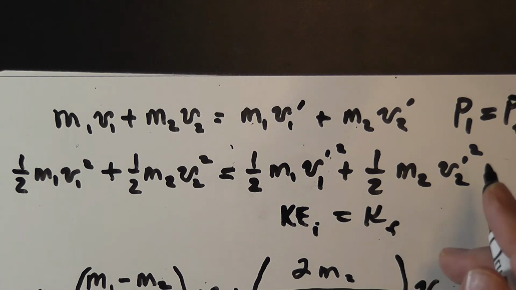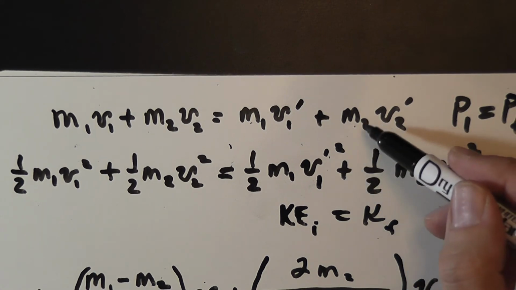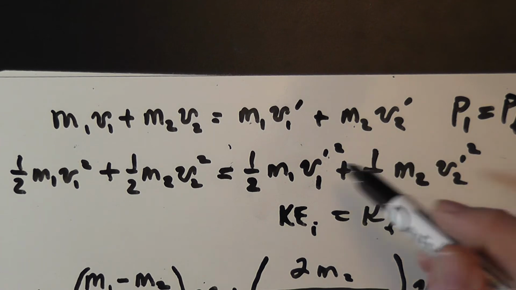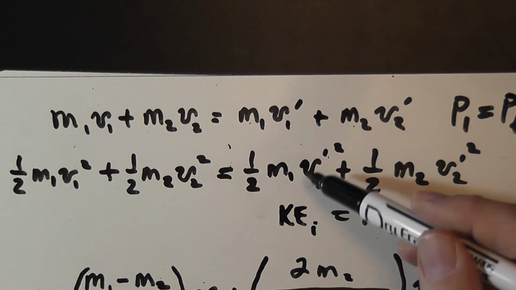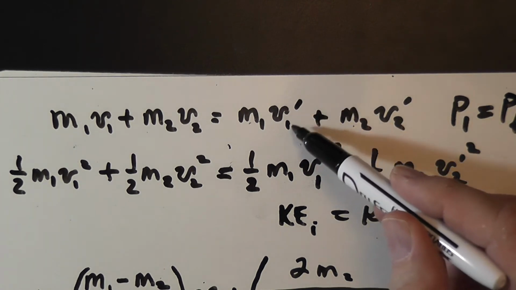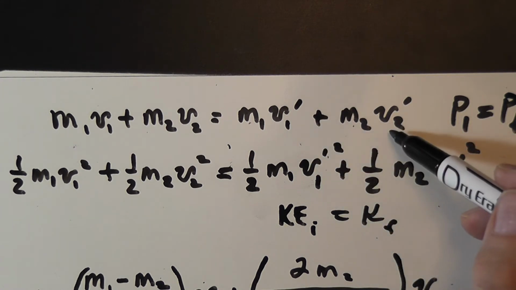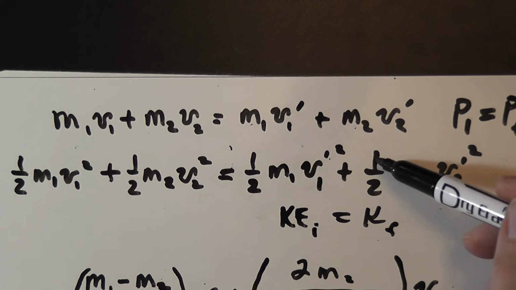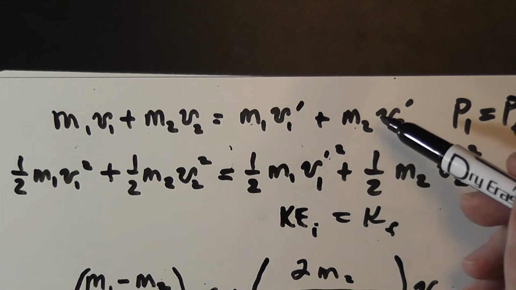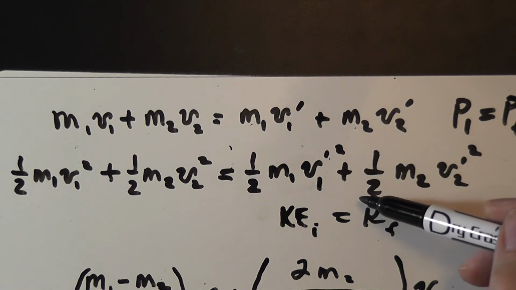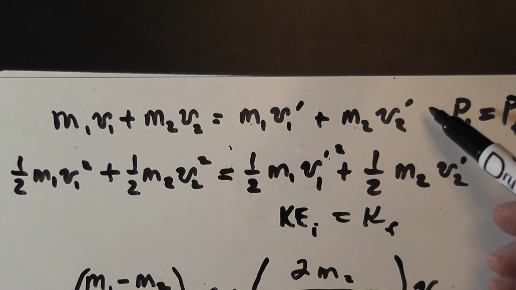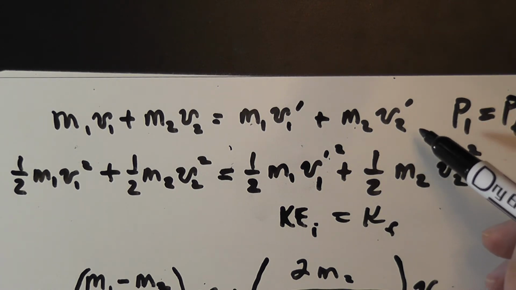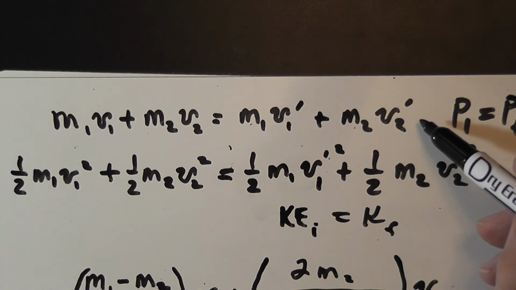So to solve this problem, we have to take these two equations, and we can do it either way. We have to solve for either v1 prime or v2 prime, and we get an expression that we will use substitution to put into the second equation. Okay, when you do that, it's a long algebraic process, and there's probably better ways to do it, but this is the most simplistic way.